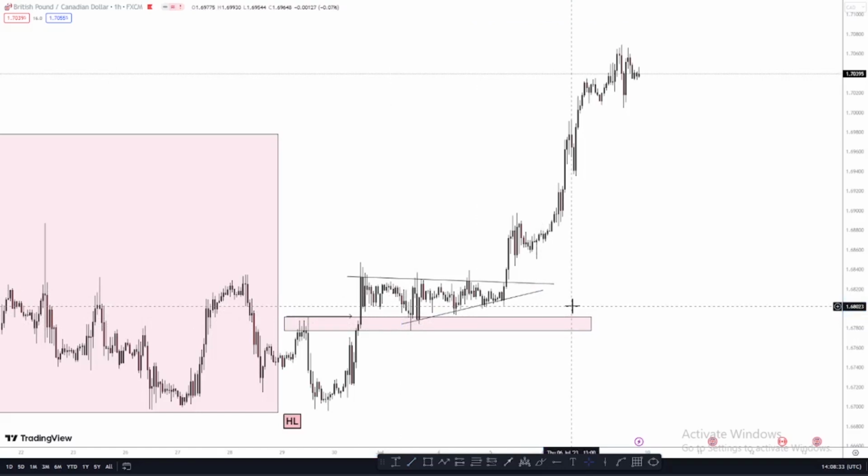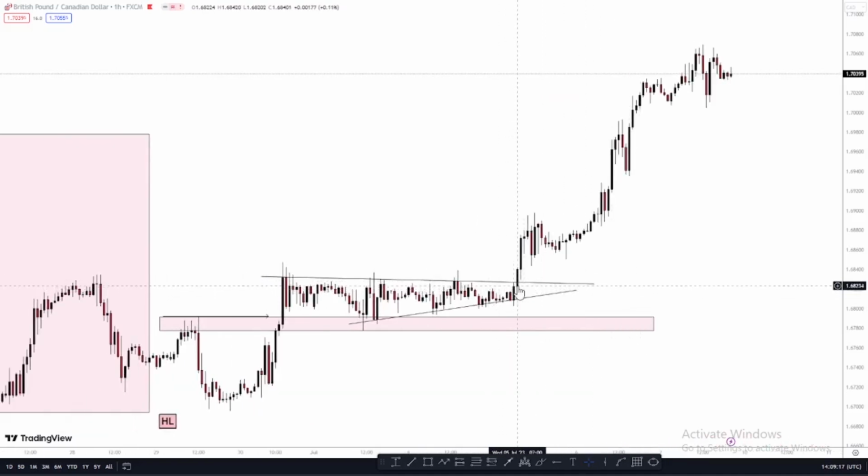Though price was consolidating, within that same consolidation, price was forming a chart pattern, which is the ascending triangle chart pattern. All I did after I saw this chart pattern was wait for the breakout of the chart pattern.